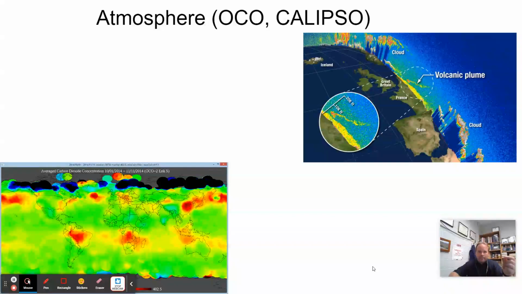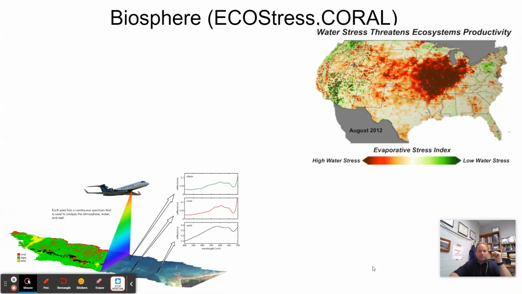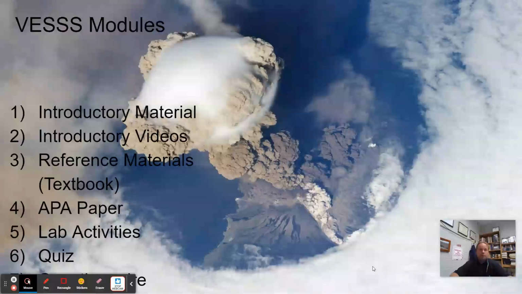NASA's looking at our atmosphere, looking at gas distributions, moisture distributions, and how big storms behave. NASA's looking at the biosphere, looking at changes in plant life, respiration of plants, and so forth, and the stress that humans are causing on the biosphere, and the effects we're causing directly on these other spheres.